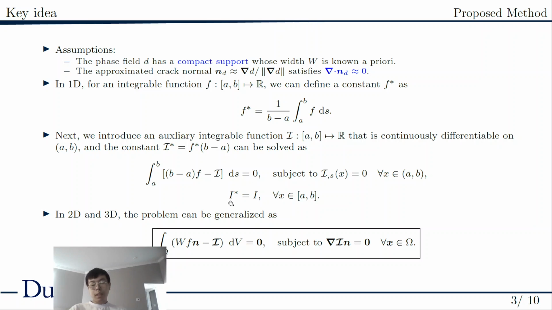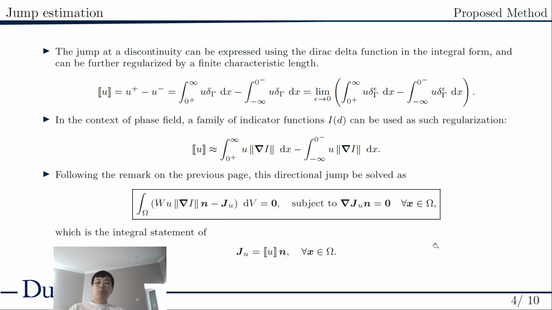Okay. And in 2D and 3D, this can be generalized as follows, where W is the width of the phase field band, F is the function we wish to integrate, and N is the crack surface normal, I is the auxiliary field we're looking for, and the pathwise constant constraint is expressed like this.